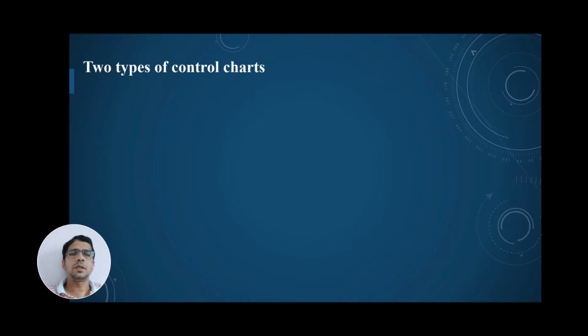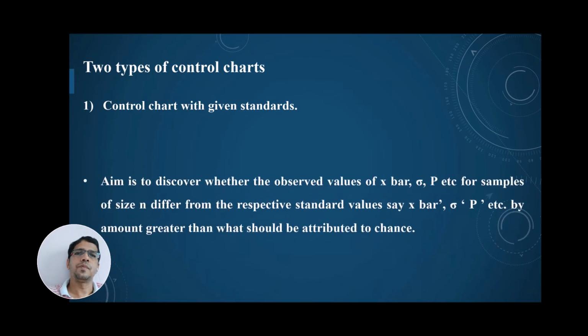Now, as far as control charts are concerned, there are two types of control charts. The first is control charts when the standards are given. When the standards are given, we compare the observed values with the given standards and check whether the variation is because of chance causes or because of assignable causes.